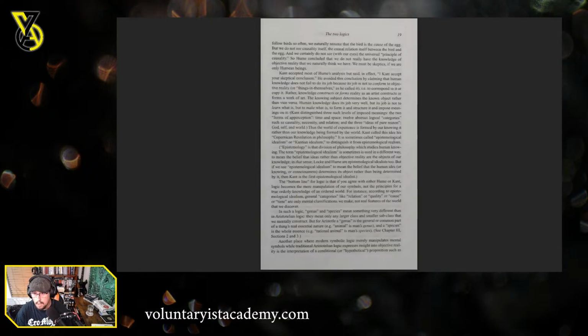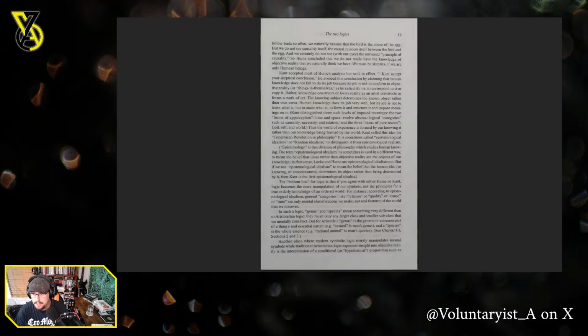The two forms of apperception, which are time and space, 12 abstract logical categories, such as causality, necessity, and relation, and the three, quote-unquote, ideas of pure reason, God, self, and world.